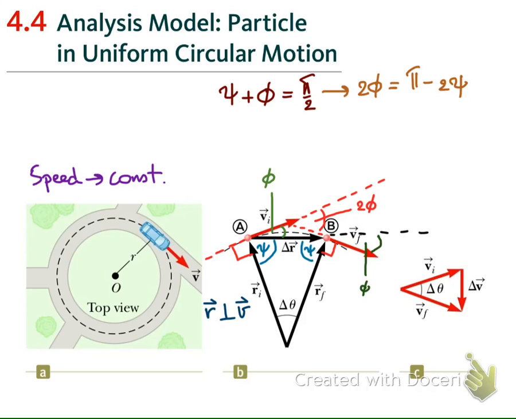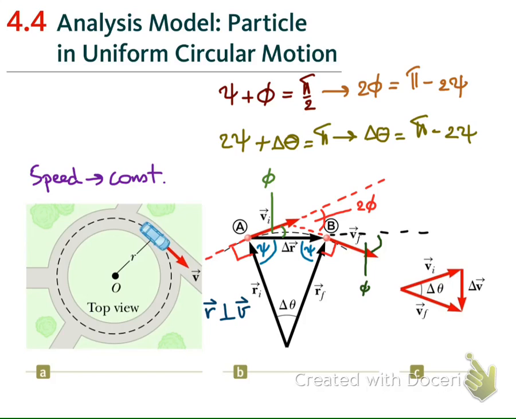So we have that 2 psi plus delta theta is equal to pi, or we have that delta theta is equal to pi minus 2 psi.